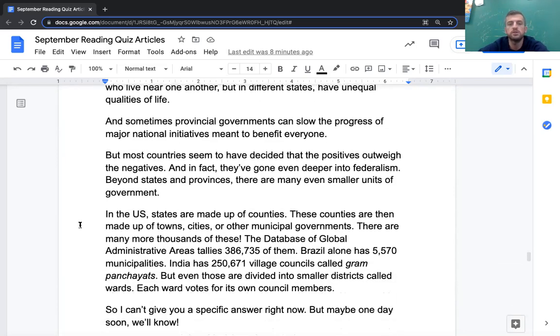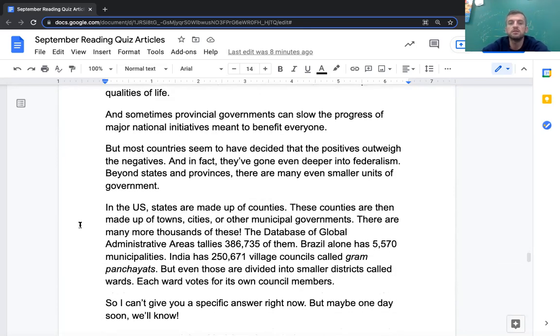But most countries seem to have decided that the positives outweigh the negatives. And in fact, they've gone even deeper into federalism. Beyond states and provinces, there are many even smaller units of government. In the United States, states are made up of counties. These counties are then made up of towns, cities, or other municipal governments. There are many more thousands of these.